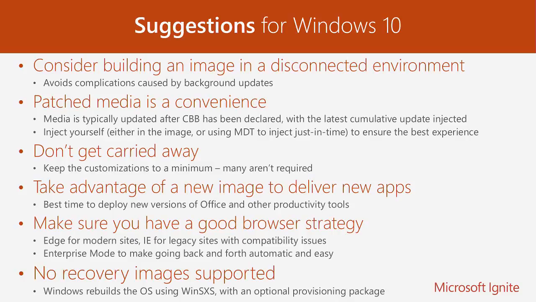But it avoids challenges that you can probably avoid in other ways, but things that happen asynchronously in the background on Windows can get in the way of your image creation process, like app updates. If you're keeping some of the inbox apps around in the operating system and you're trying to create an image while the store in the background is updating these apps, well, weird things can happen if you catch it at the wrong time.